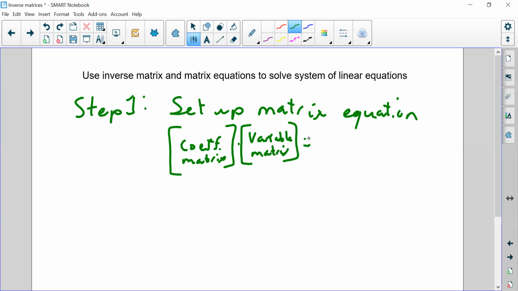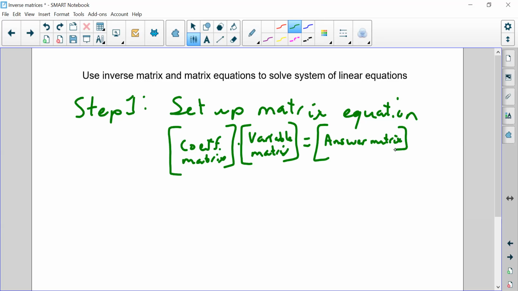And that will equal our answer matrix. So that's the first step. We're going to set up a coefficient matrix times a variable matrix equals our answer matrix. And that's the procedure you're going to do.